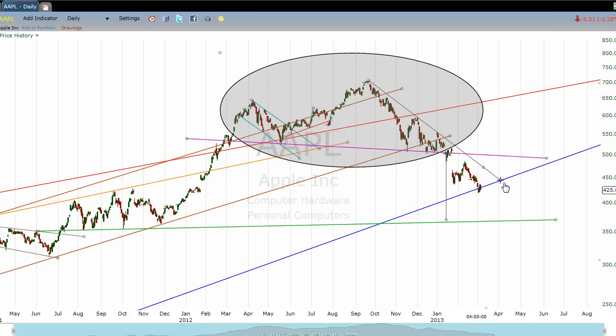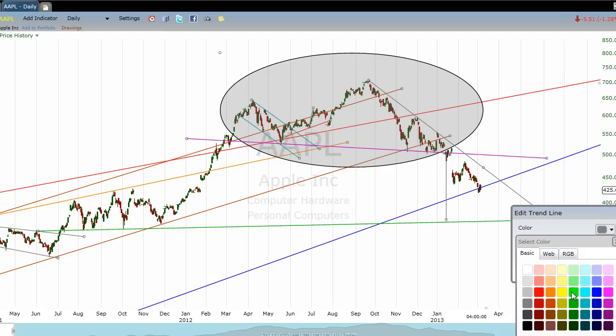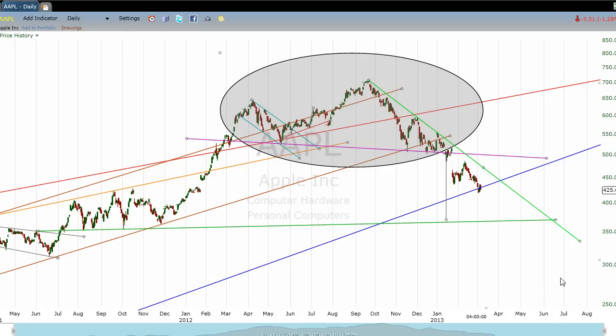It also looks like we're getting some short-term tops lining up as it's been working its way down. If you're a more patient person and you're just itching to buy some Apple stock, wait for this line to break, because obviously until that line breaks, Apple isn't going back up.